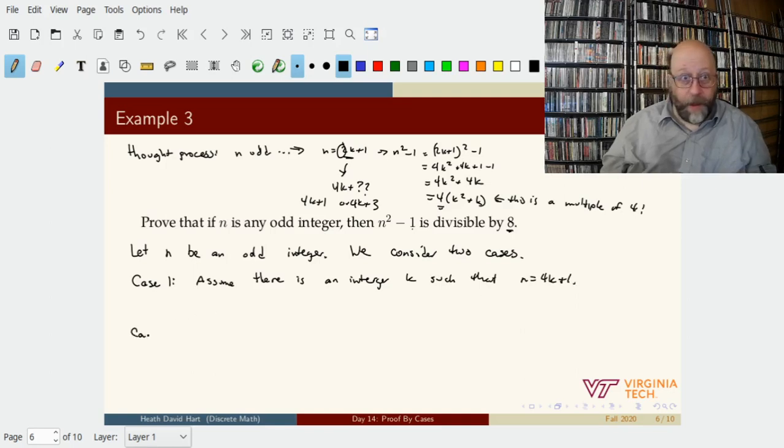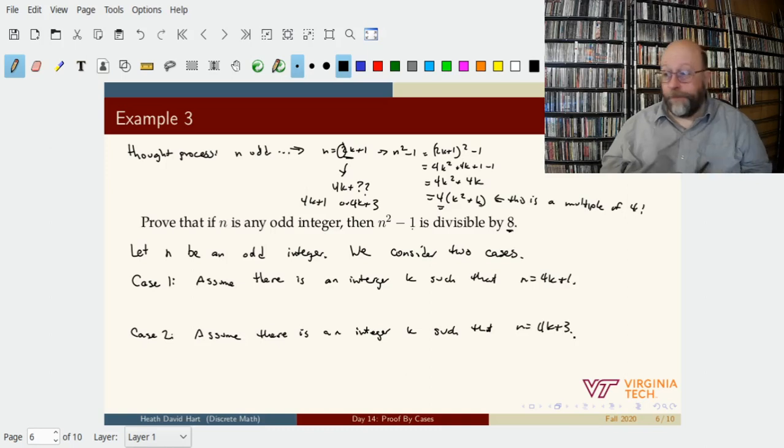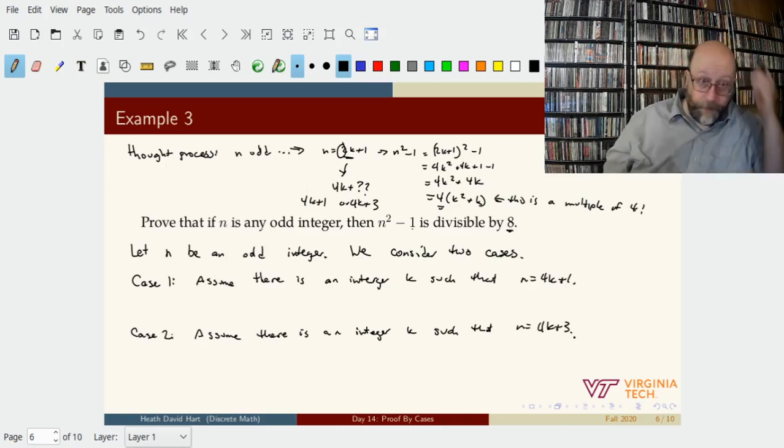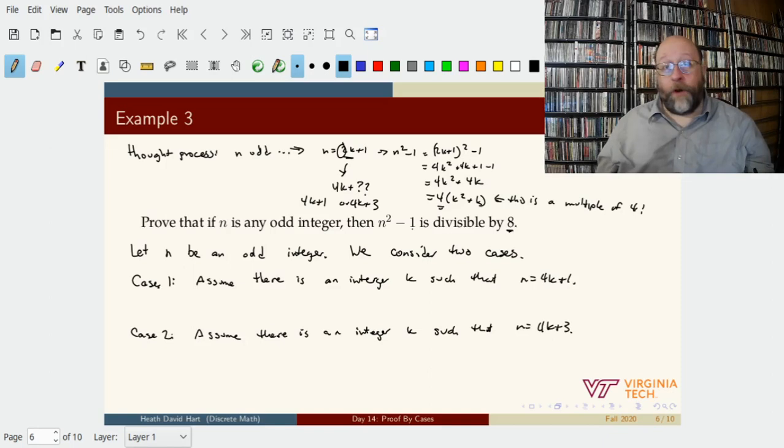And the other case is going to be: assume there is an integer k such that n equals 4k plus 3. And then we work out the details.